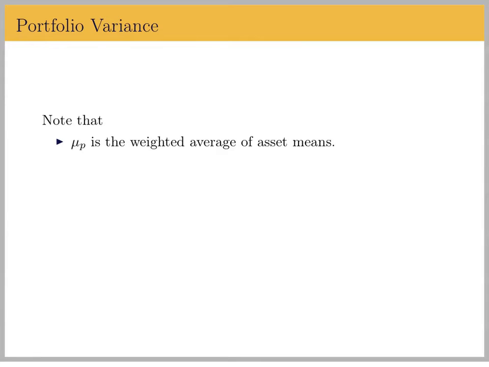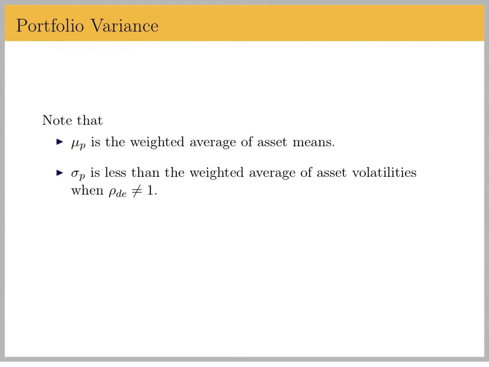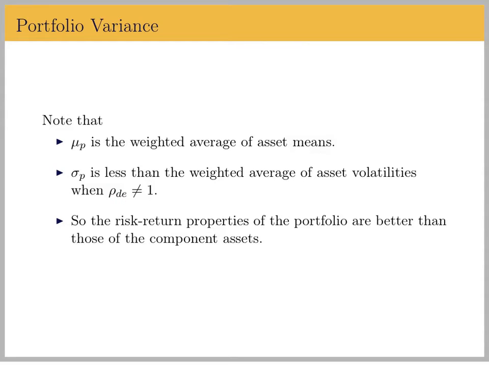So, what have we learned? We know that the expected return of the portfolio is always the weighted average of the individual expected returns. And we know that the portfolio volatility is the weighted average if rho is equal to 1 only. But otherwise, it's less than the weighted average of the individual volatilities when rho is not equal to 1.